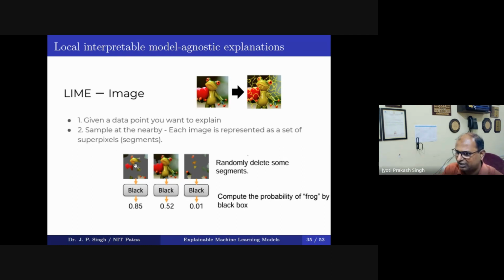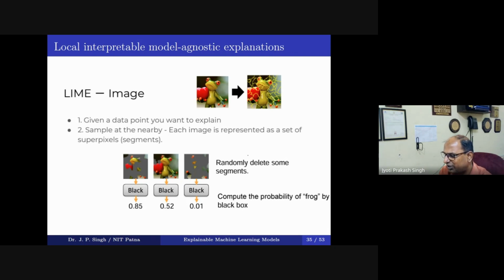These are now my data points, the x prime which I was just talking about. This whole set represents my x prime. I have created several data points from a single data point, and their labels are obtained from this black box model. It is confident that this is a frog with a probability of 0.85. I hope, is it clear? If not, then please raise your hand, please ask.